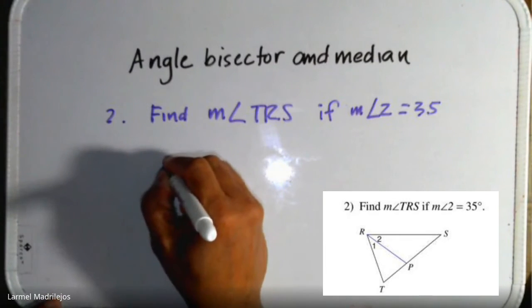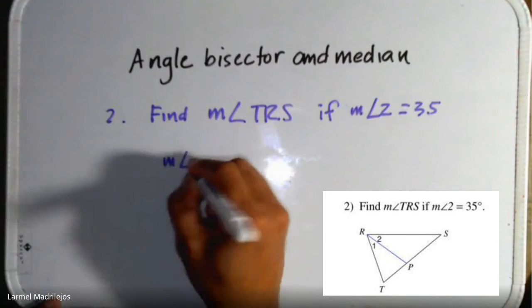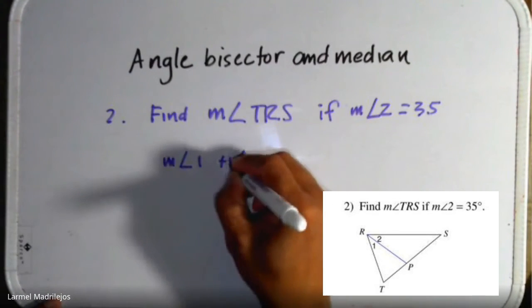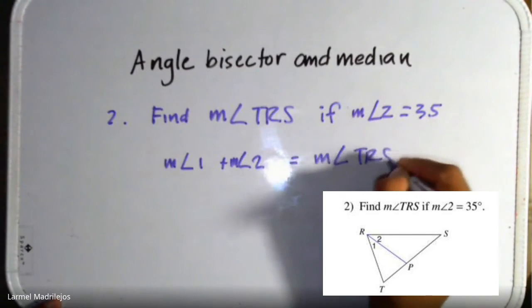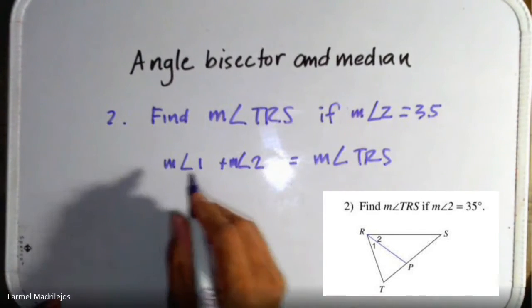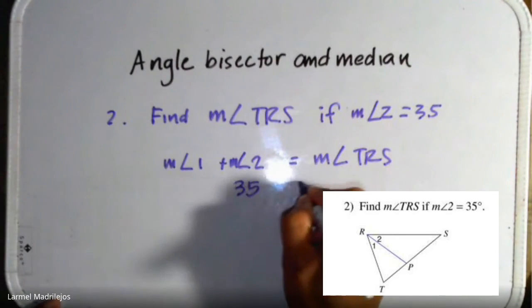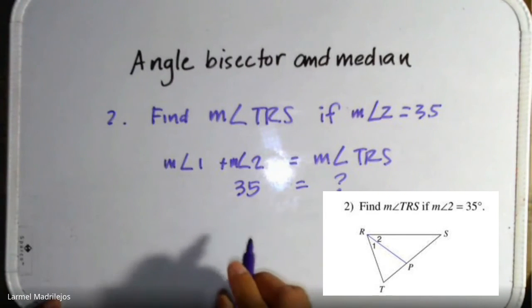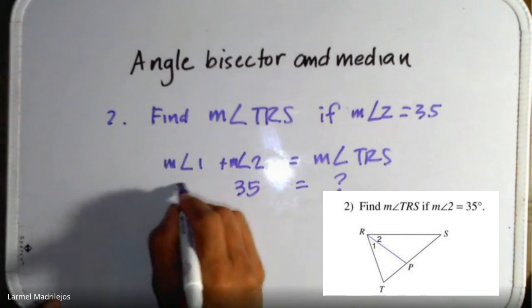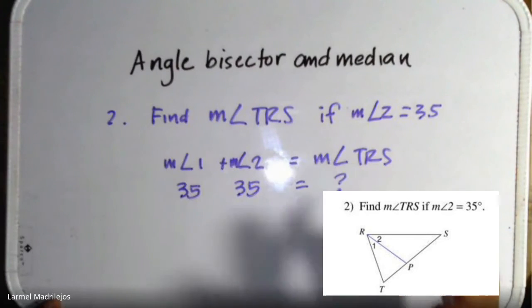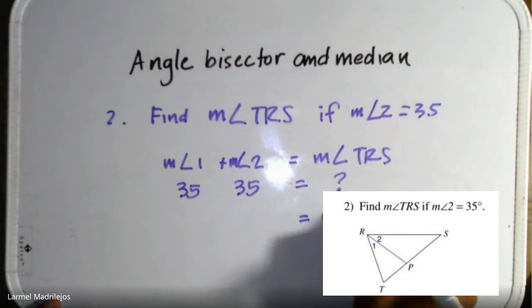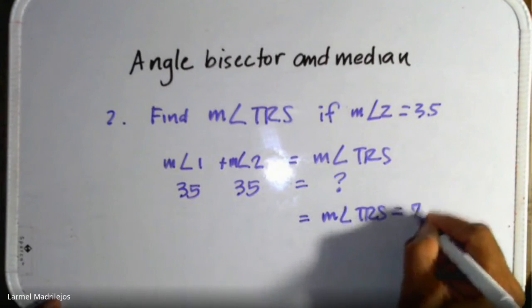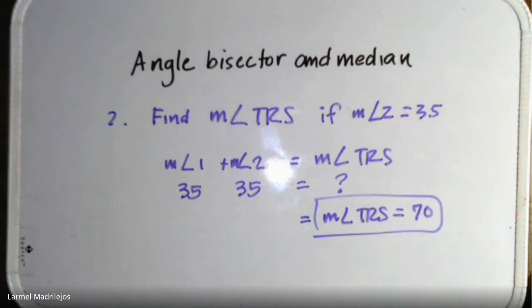So measure angle 1 plus measure angle 2 is equal to measure angle TRS. If measure angle 2 is 35, we know measure angles 1 and 2 are the same, so measure angle TRS is equal to 70.